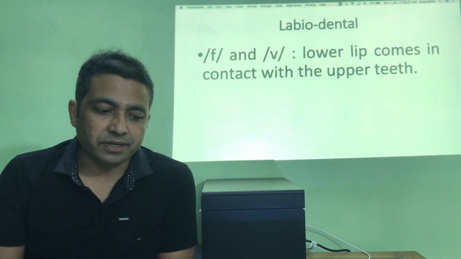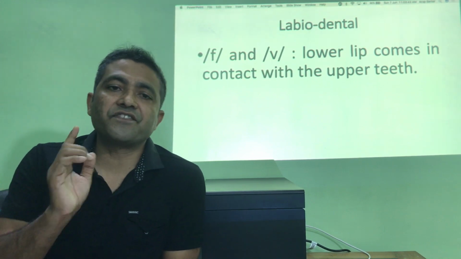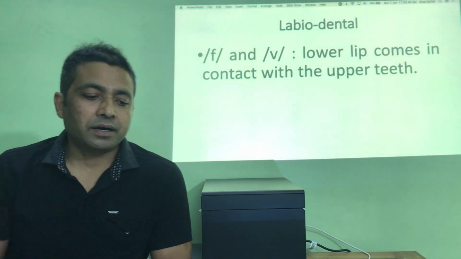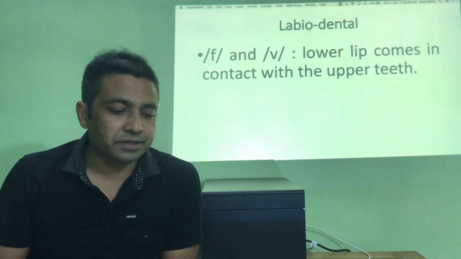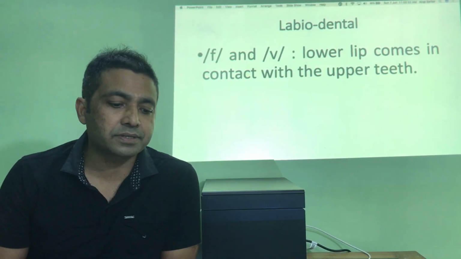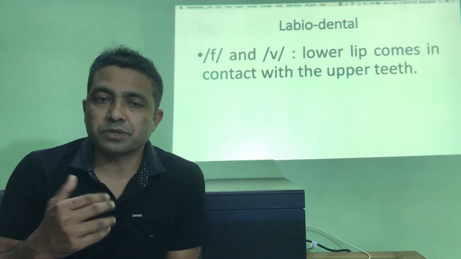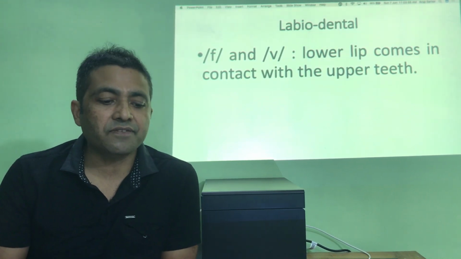Then we have labiodental. Labiodental consonants are fa and va. These two consonants are unique for many of us Indian students because they are almost absent in most Indian languages.